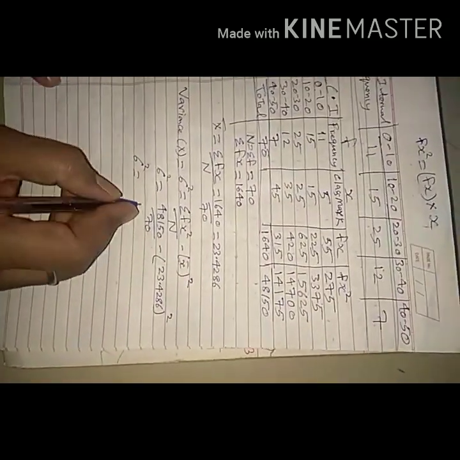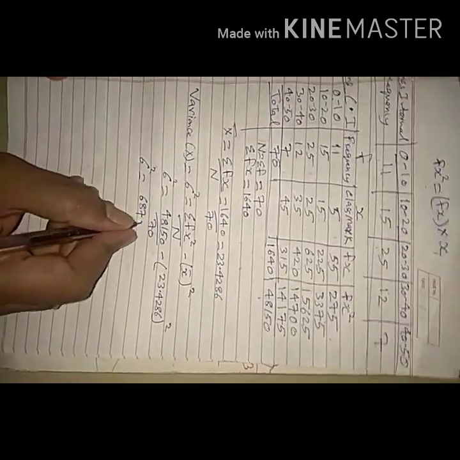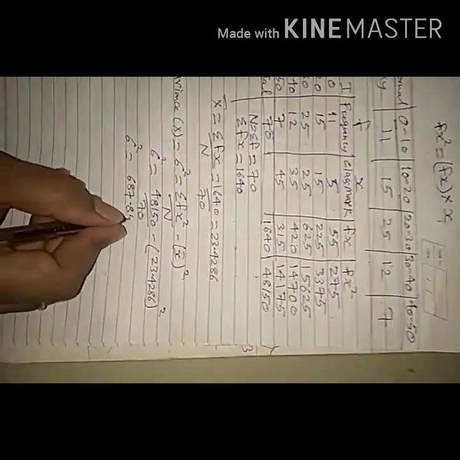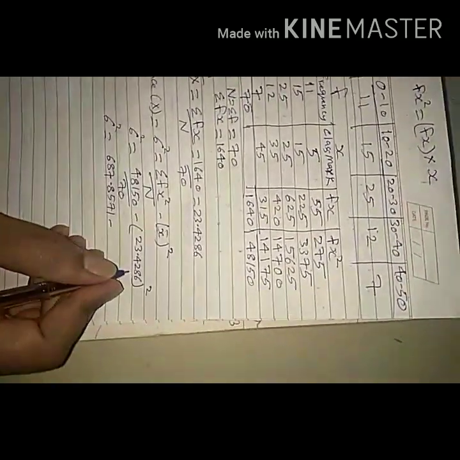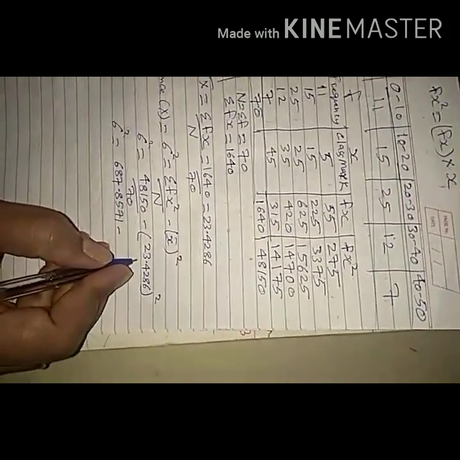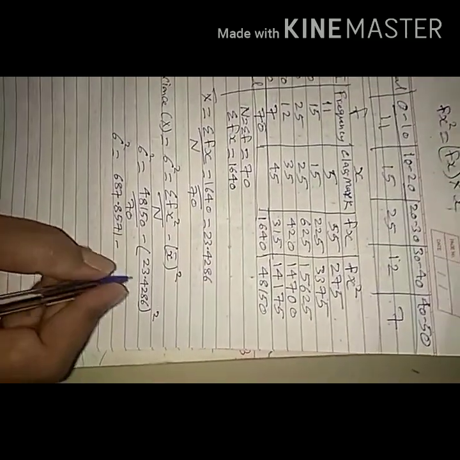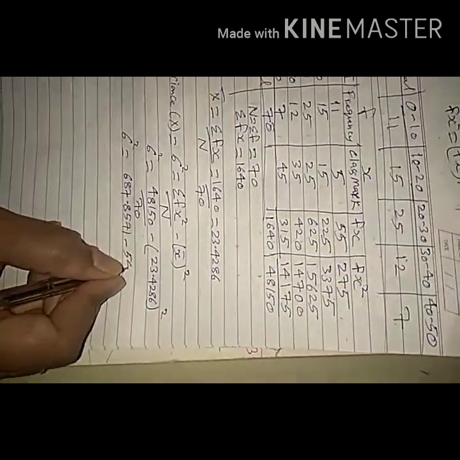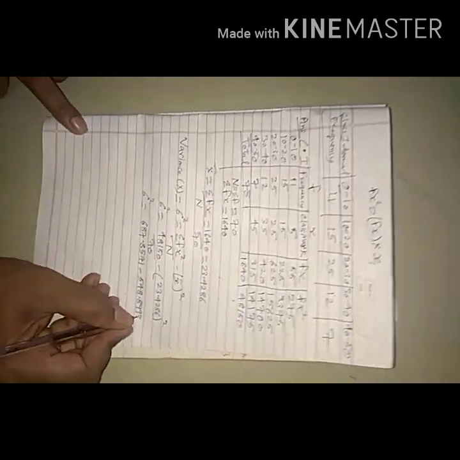So sigma square is equal to, when I divide 48150 by 70, I get the value as 687.8571 minus square of this. Square means multiplying the number with itself. To find square of this, I will multiply 23.4286 with 23.4286. The value will be here 548.8993.